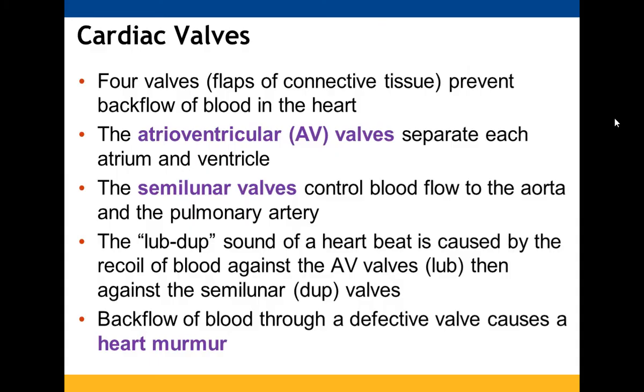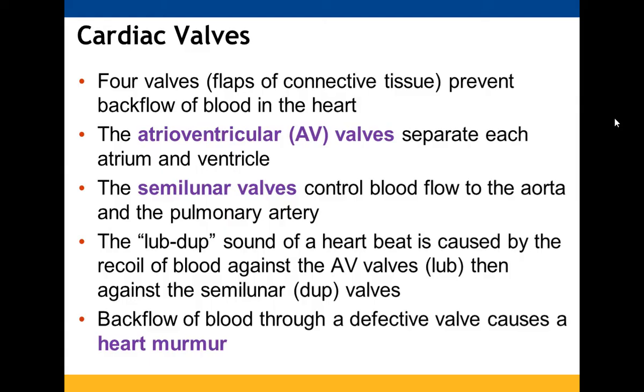There are some valves, kind of like we talked about with the digestion. As opposed to sphincters, there are valves that help to make sure that there's no backflow. You have your atrioventricular valves, which separate the atriums and ventricles from one another. And then you have your semilunar valves, which are going to help to control the blood moving into the aorta after it's been oxygenated and moving into the pulmonary artery on its way to be oxygenated.